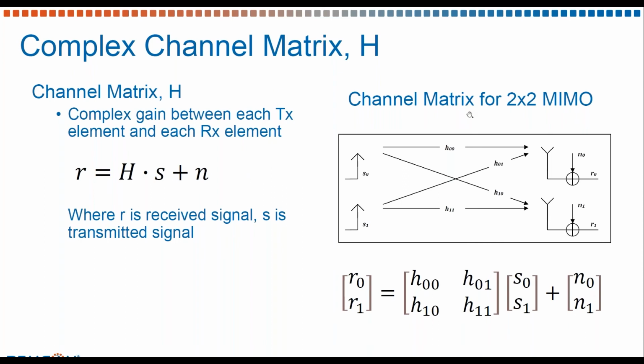On the right, we can see an example of a 2x2 channel matrix for MIMO, where on the left we have our transmitting elements, on the right we have our receiving elements, and we're calculating all of the different channel combinations between these elements.